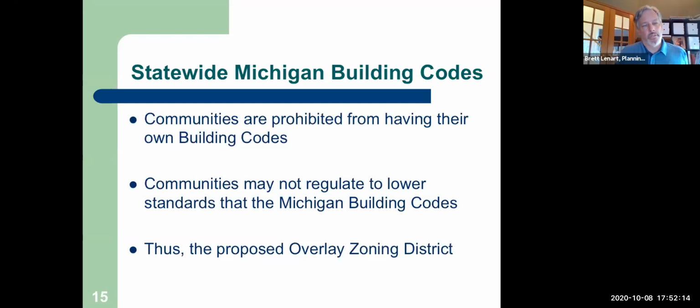Relative to the conversation about substantial improvement, one of the questions that was submitted earlier and resubmitted during this webinar is, could the city please share the exact definition of substantial improvement it plans to include in the ordinance? We are not including that definition because our intention is not to create a new definition. Substantial improvement, as Jerry has indicated, has existed in our building code for some time.